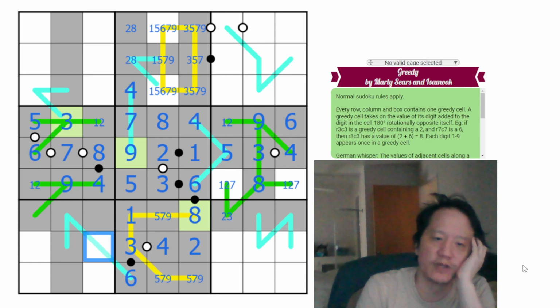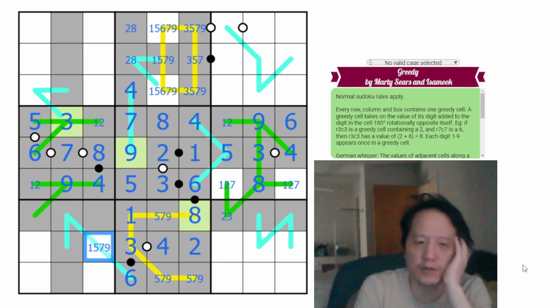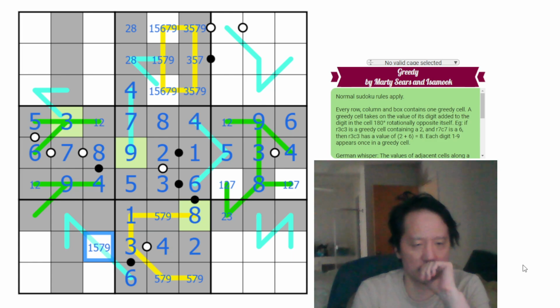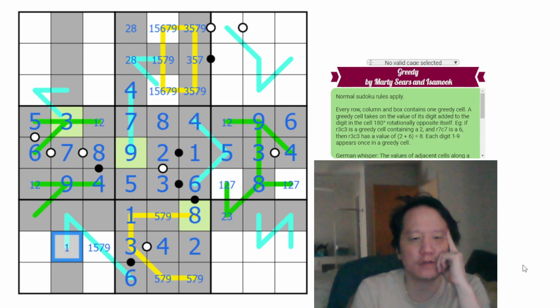What can this number be? It can be 1, it could be 5, it could be 7, 8, or 9. It can't be 8 here. This could be 1, no 2, 3, 4, 5, 6, no 7, 8, no 9.